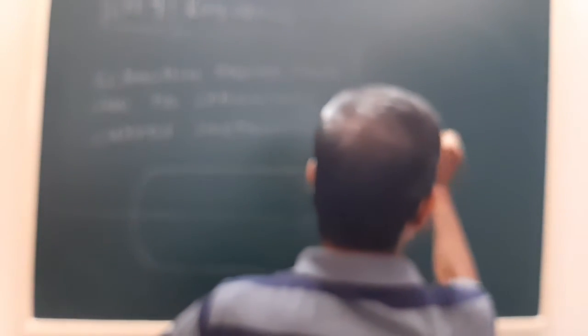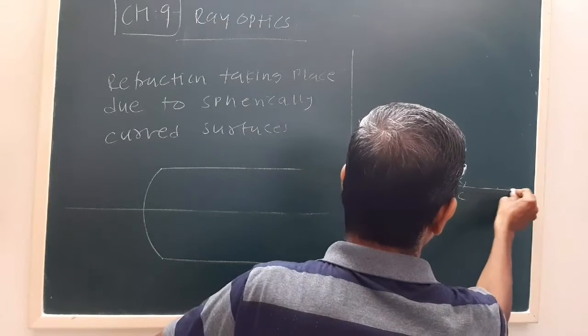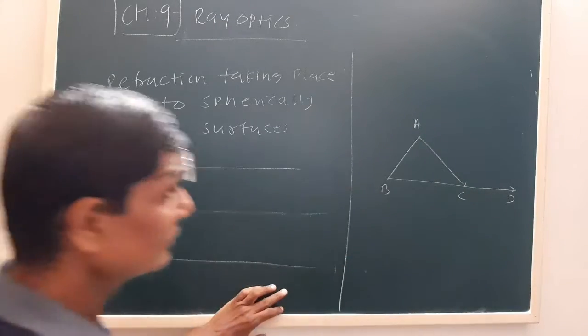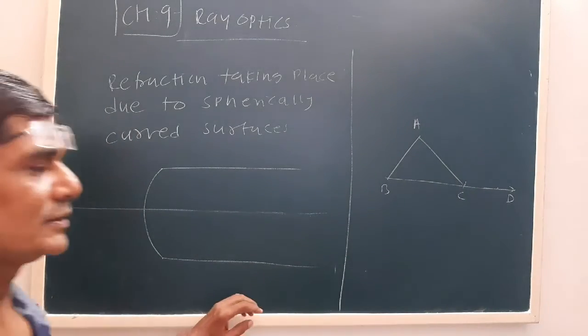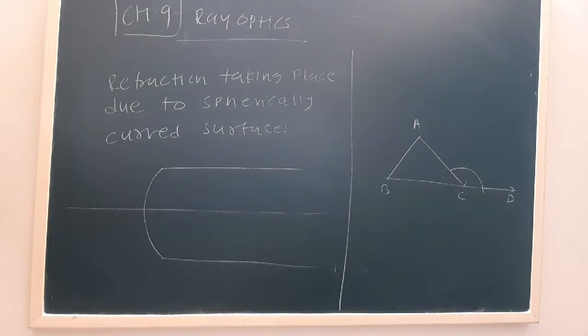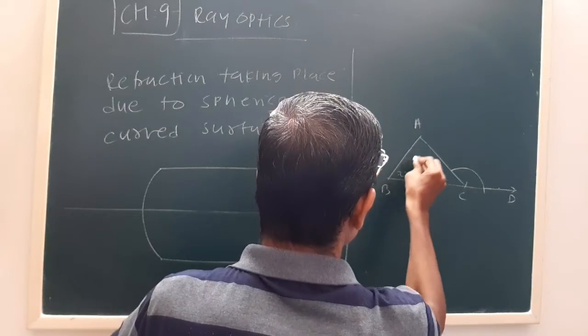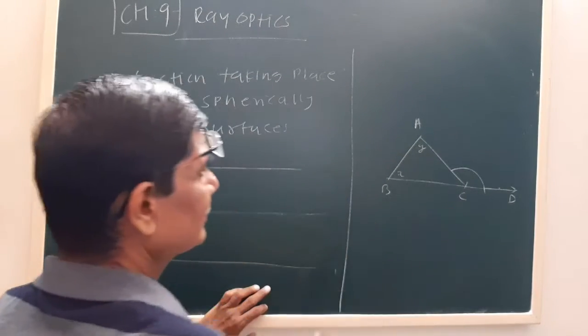Now see what happens in a triangle. Let us say ABC is a triangle and B, C, D are collinear points. ACD is an exterior angle. What is the property here? In a triangle, let us say these angles are x and y.